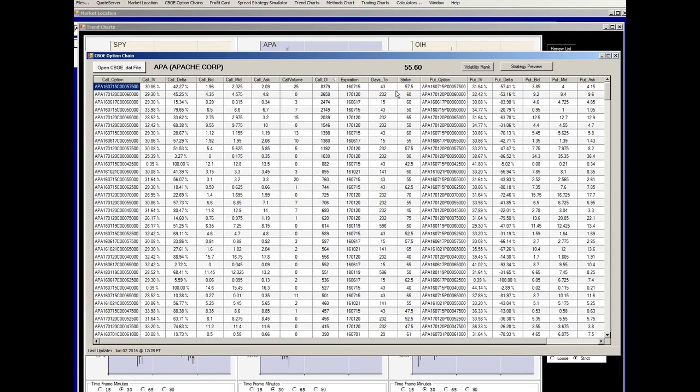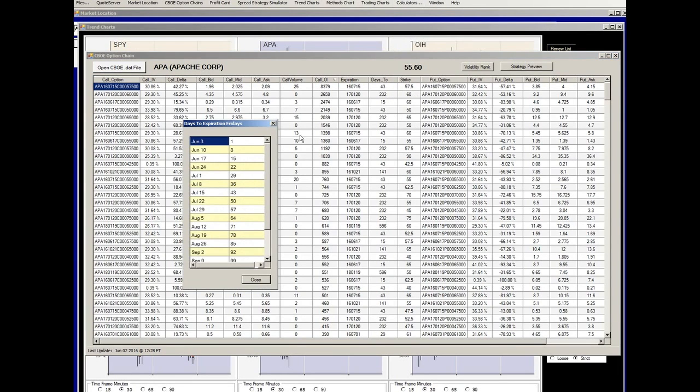It goes down into the 500s. We like to go deep into the scroll with 500s, but we can see that the 43-day expiration cycle appears here. So there's some good liquidity in the 43-day to expiration cycle.